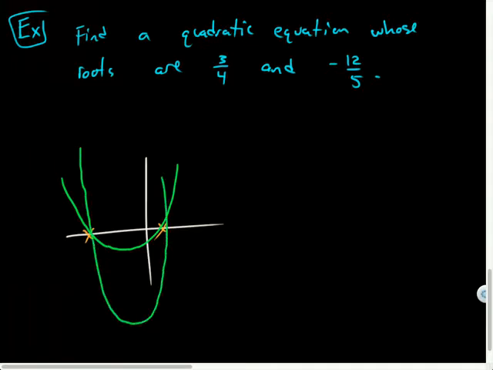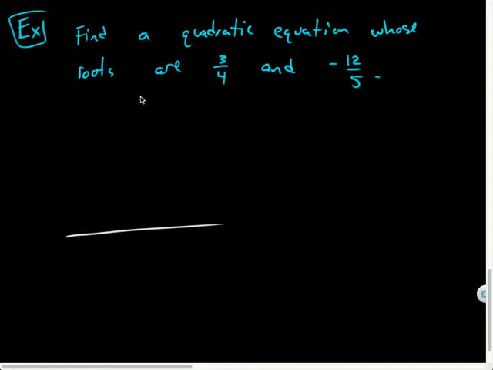I could also have an upside down wide parabola that passes through those. It turns out there's infinitely many parabolas that pass through those two x-intercepts. So that's why we're finding a quadratic equation. And typically we'll find the one that has the nicest, simplest setup. So these are our roots.